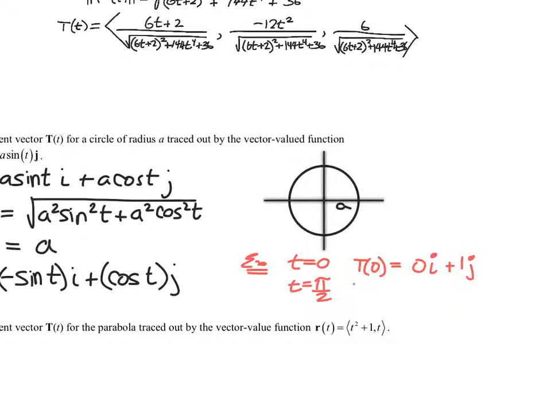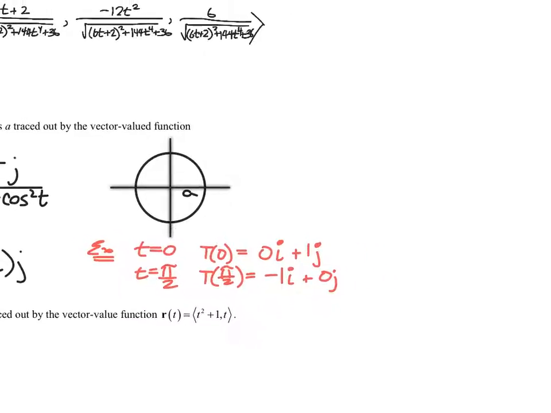At pi over 2, I'm going to get a negative 1 in the i direction and a 0 in the j direction.